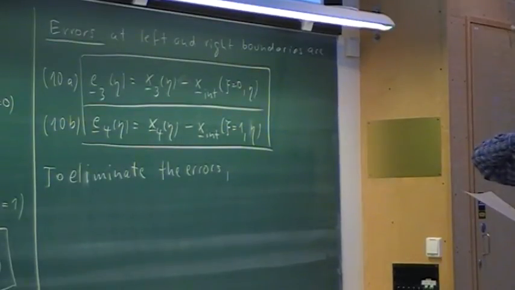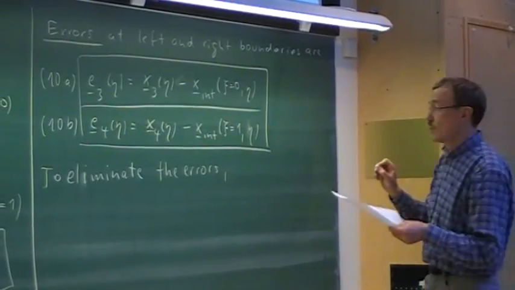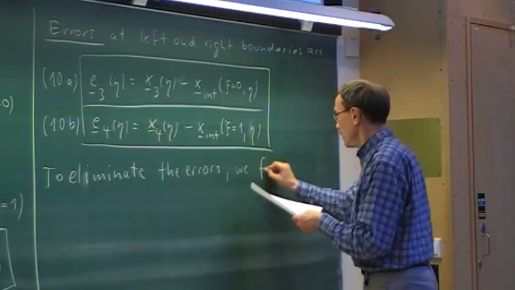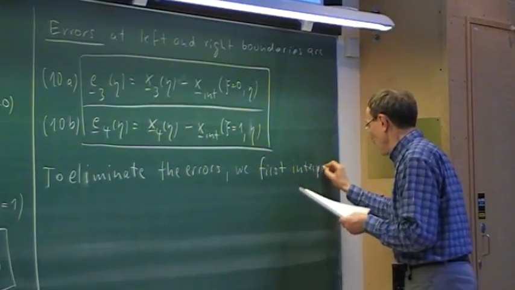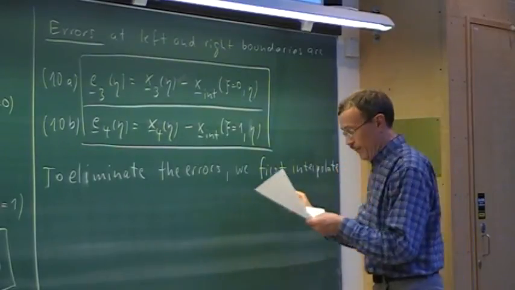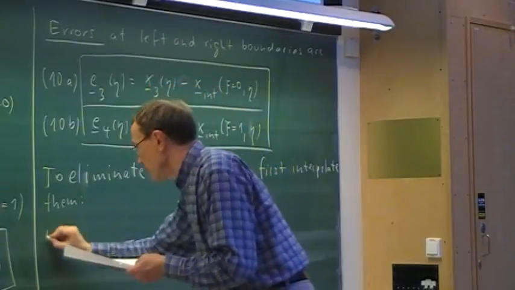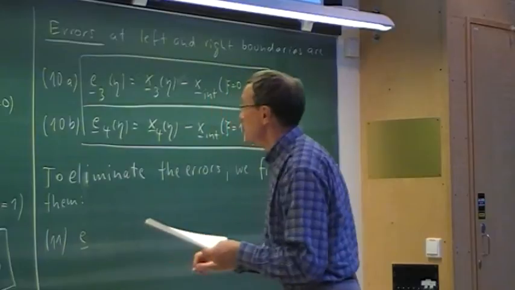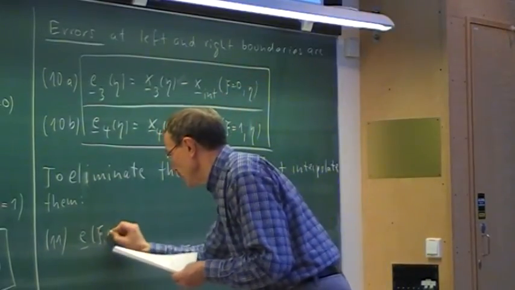So the first thing is that we interpolate these errors. And that is then the following: we get a function for the error, that is a vector, as you see, a function now of psi and eta.